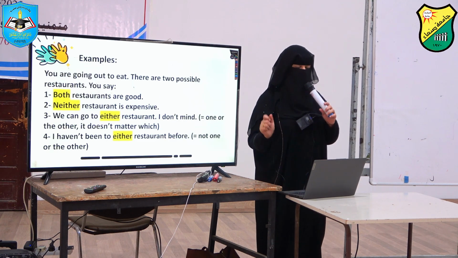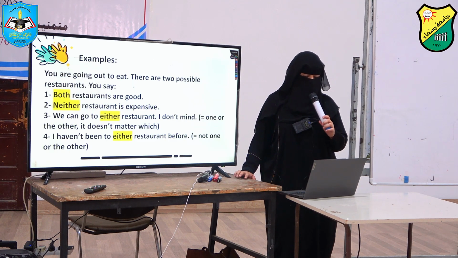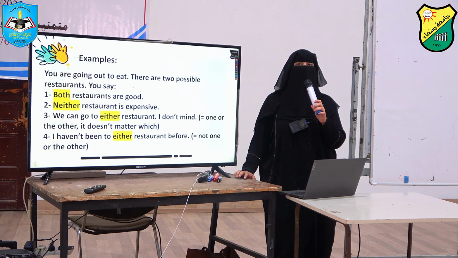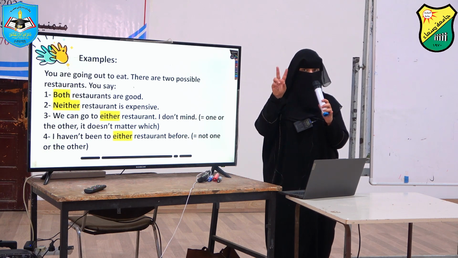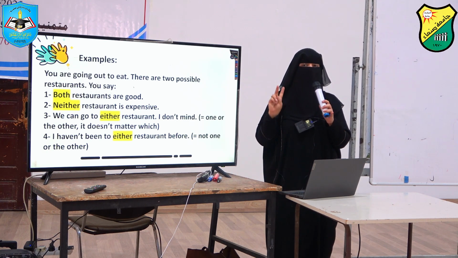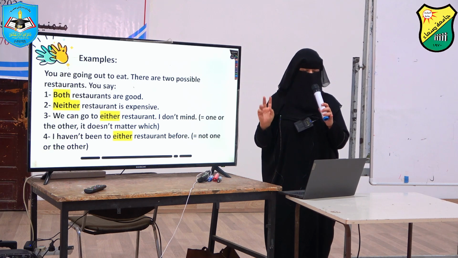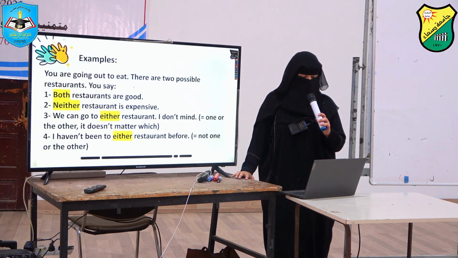Okay, here examples. You have number one, both restaurants are good. كلا المطعمين جيدين. طيب لما أقول neither restaurant is expensive.